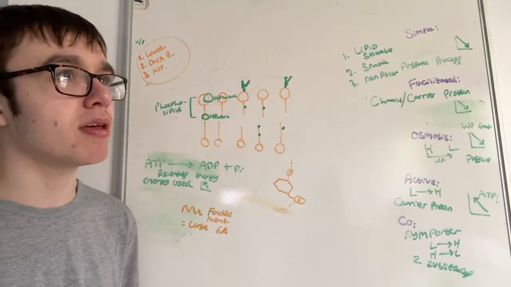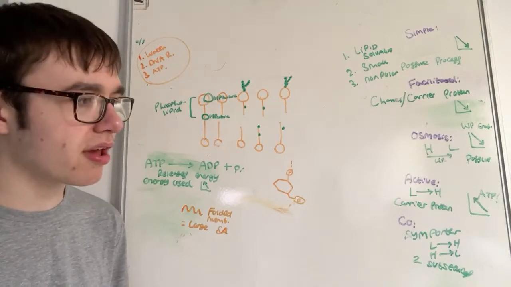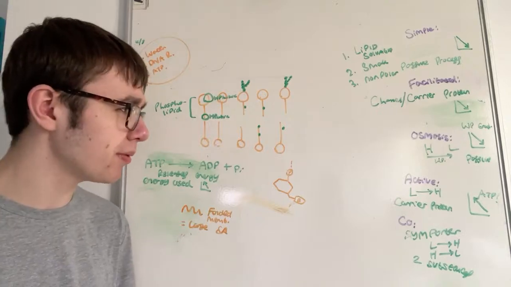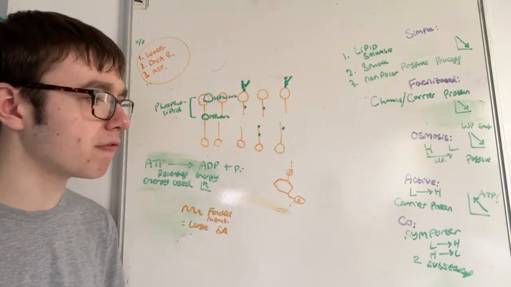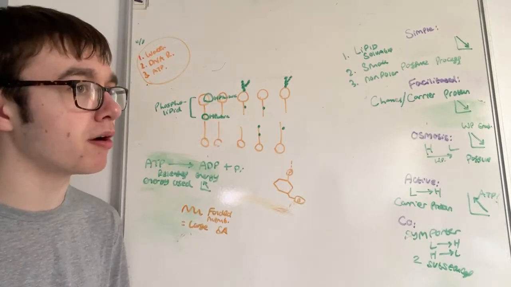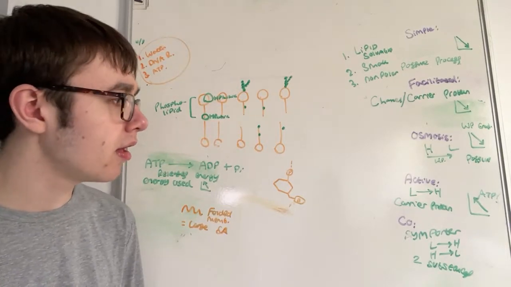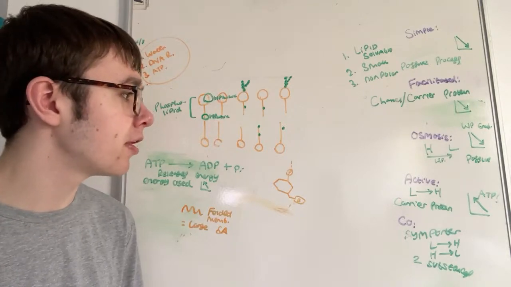Then you have, I don't recall, it's ATP synthase, I believe. That's the enzyme that joins the phosphate back together via, I'm going to guess, a condensation reaction. But that's all I can really think off the top of my head there.